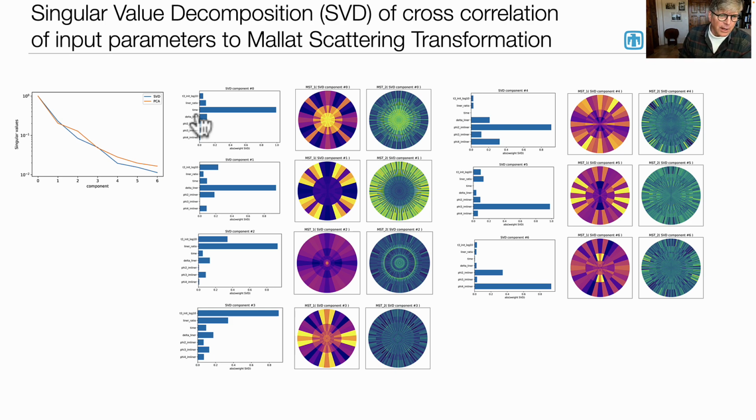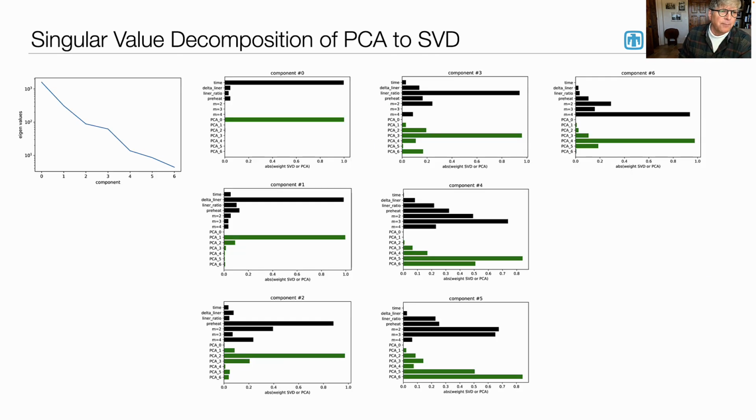Now, to relate this back to the principal components, a singular value decomposition of the correlation of the principal components to this singular value decomposition was done. The singular value vectors in terms of this previous singular value decomposition are shown in black on the top, and in terms of the principal components in green on the bottom.